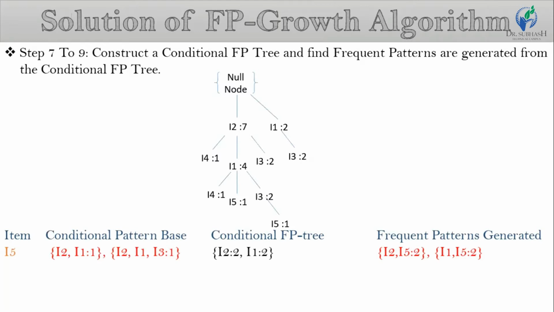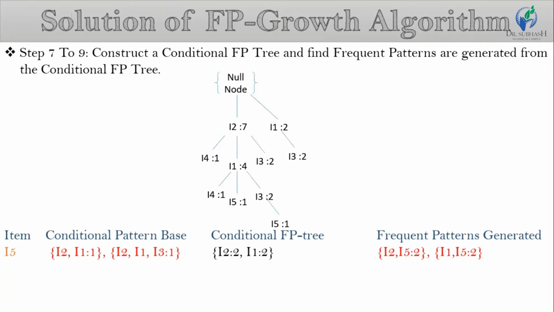Therefore, considering I5 as a suffix, its corresponding two prefix paths are I2, I1, their count is 1, and I2, I1, I3, their count is 1, which form its conditional pattern base.